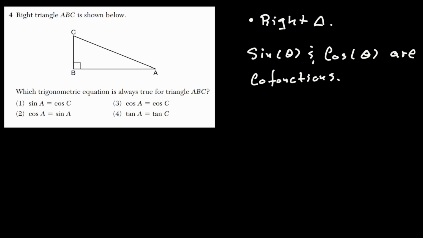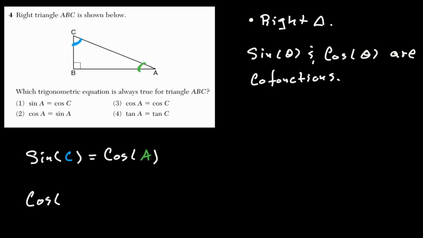When we take a look at our right triangle, we have one angle that is 90 degrees. There's two more angles in this triangle, angle C and angle A. If I take the sine of one of those angles, let me choose C, well, that's always going to be equal to the cosine of the other angle in this triangle, which is A. The other way around, it's also true.